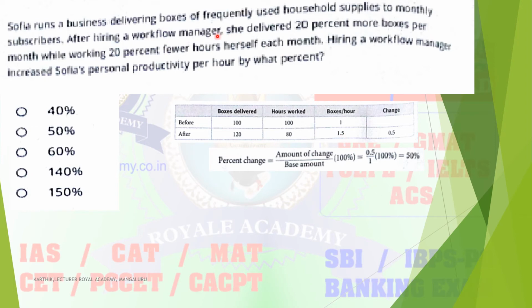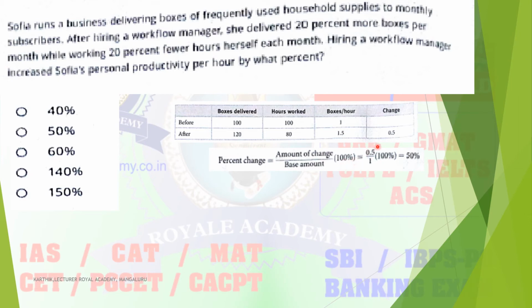So after hiring the workflow manager, what is the change that happens? That is 1.5 minus 1, that is 0.5. So how much percentage change is there after hiring the workflow manager? That is nothing but 50%. The percentage change is equal to the amount of change divided by the base amount into 100.